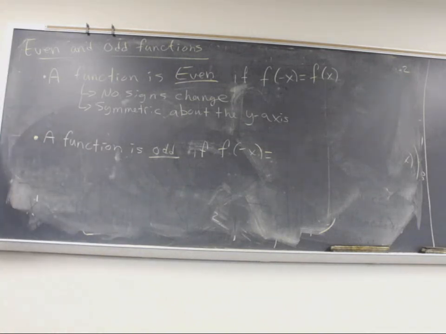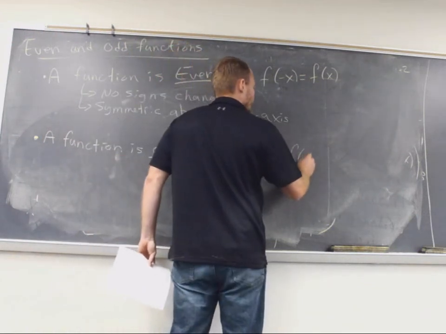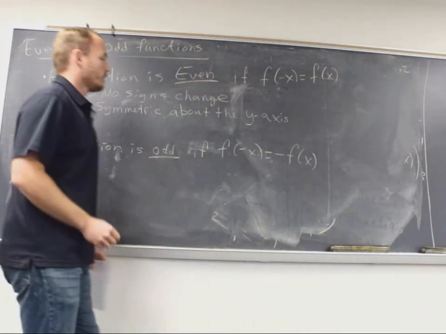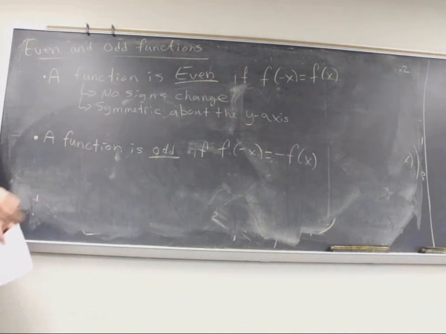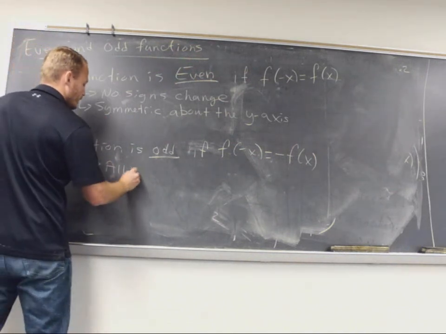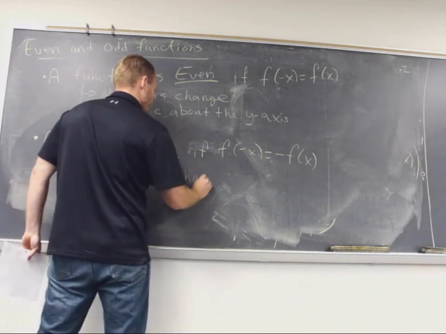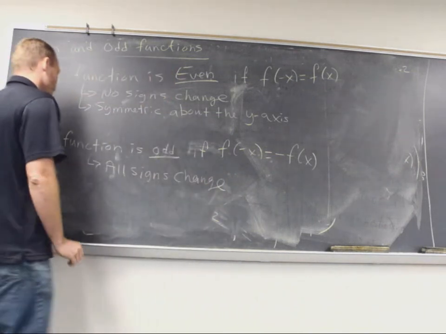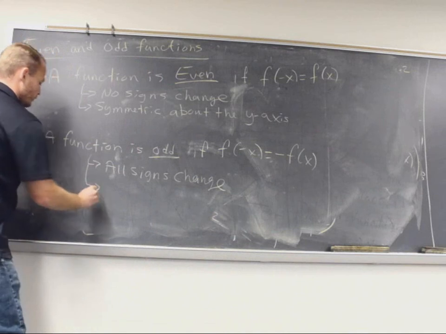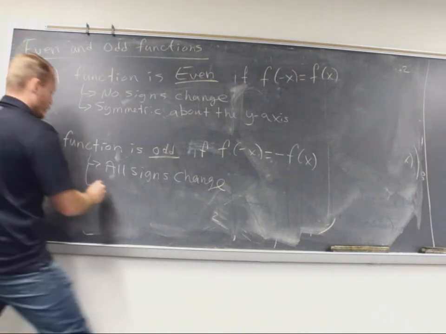And what you get when you get done simplifying is the negative of the original function. So that means all signs change. And another helpful thing is it's symmetric about the origin.